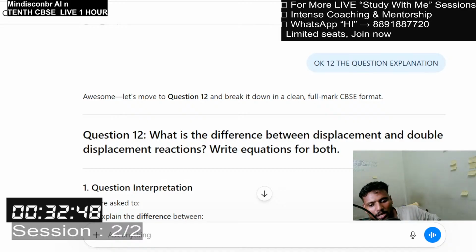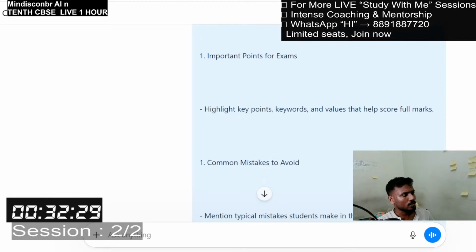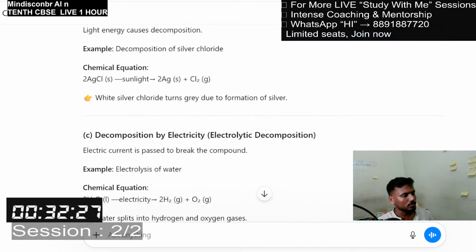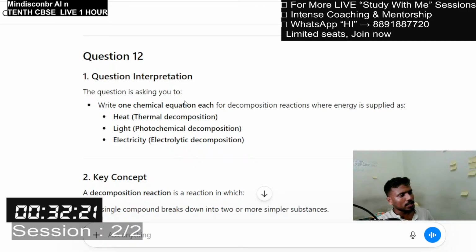So they are asking for thermal decomposition, photochemical decomposition and also electrolysis. The question is asking you to write one chemical equation each for decomposition reactions where energy is supplied as heat, thermal decomposition, light, photochemical decomposition, and electricity, electrolytic decomposition.